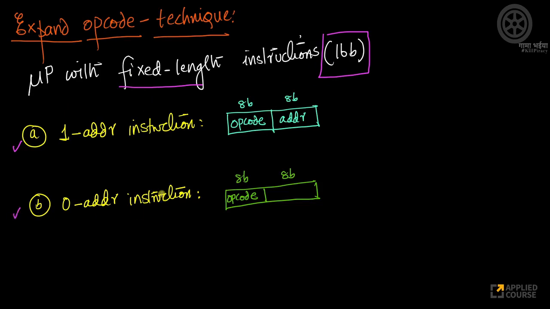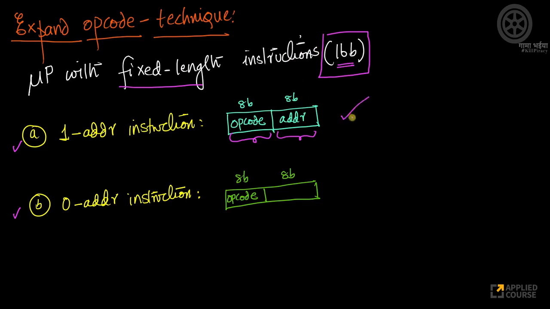Again, I'm just taking a hypothetical example. Let's assume in the 1 address instructions my opcodes are all 8 bits and my addresses are 8 bits.